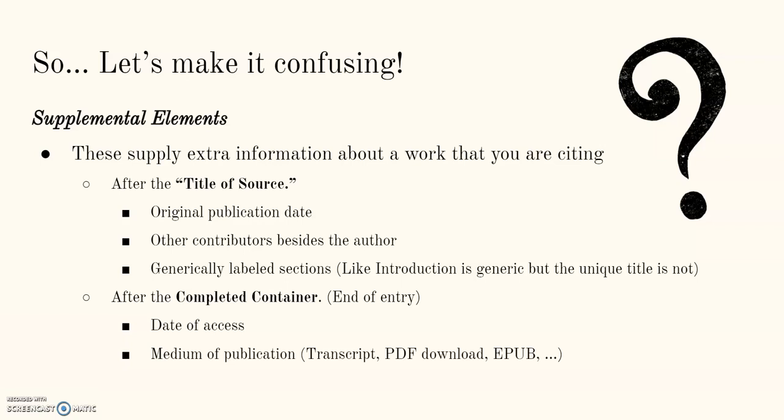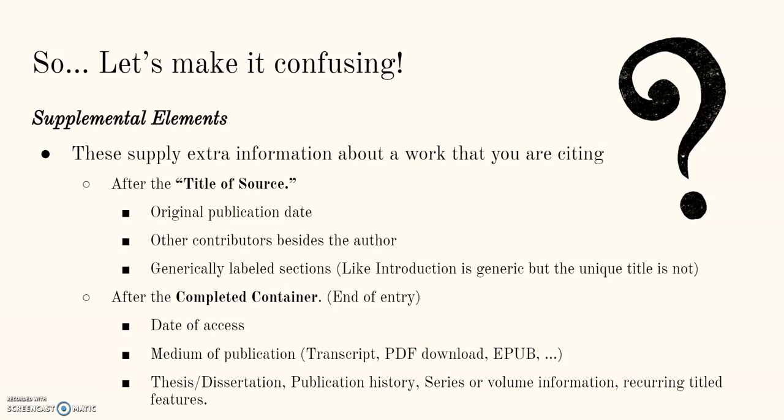If there is a medium of publication that's important, like say that you found this as a PDF download online and it's going to be paged differently than a physical version, this helps people understand what pages really look like for the person who did the paper. But also if you have other information like this was a dissertation, this had multiple publications, if it's part of a series, like say you're talking about one episode of X-Files, but there's still the whole series of X-Files, you might put this at the end of a container.